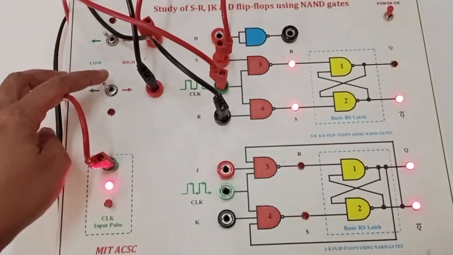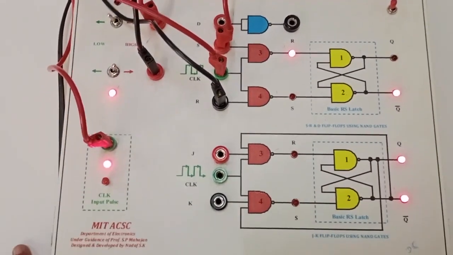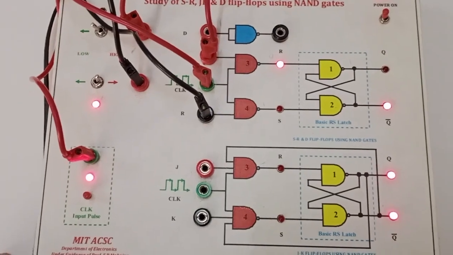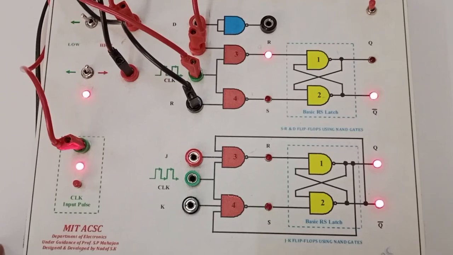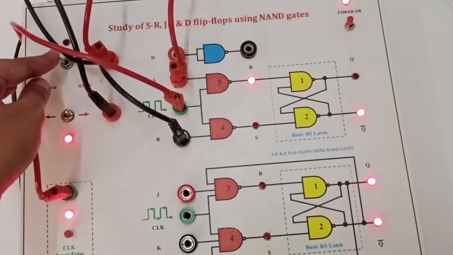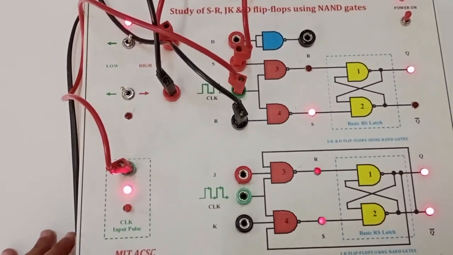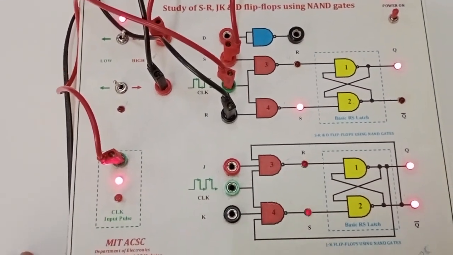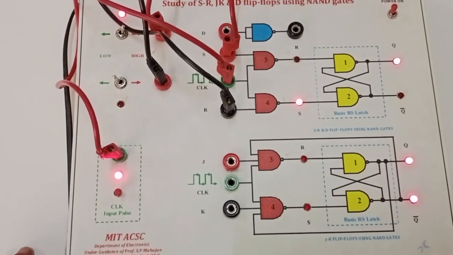When the first input is 0 and the second is 1, the flip-flop is in the reset condition, that is Q equal to 0 and Q bar equal to 1. Similarly, when S is equal to 1 and R is equal to 0, Q equal to 1 and Q bar equal to 0, that is the flip-flop is in the set condition.